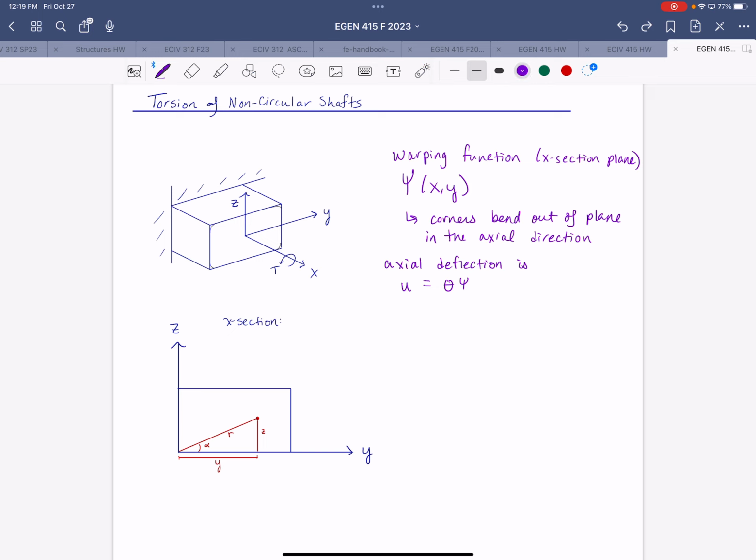And I mistakenly wrote x and y. It should be y and z up here. So psi is a function of y and z, since the cross-section plane is the yz plane.